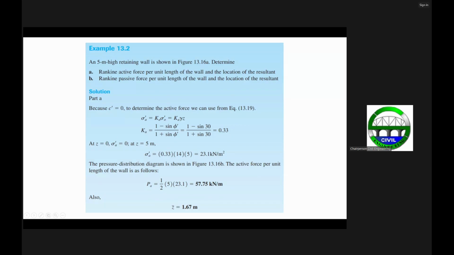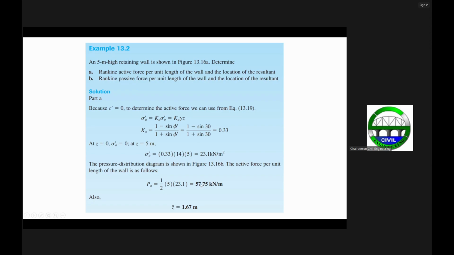We are asked to find the Rankine active force per unit length of the wall and the location of the resultant, as well as the Rankine passive force per unit length of the wall and the location of the resultant.